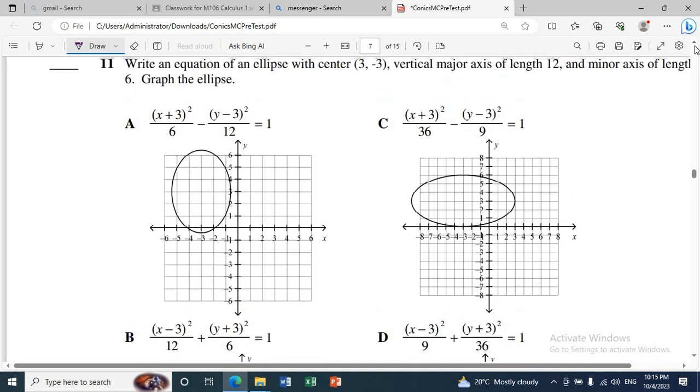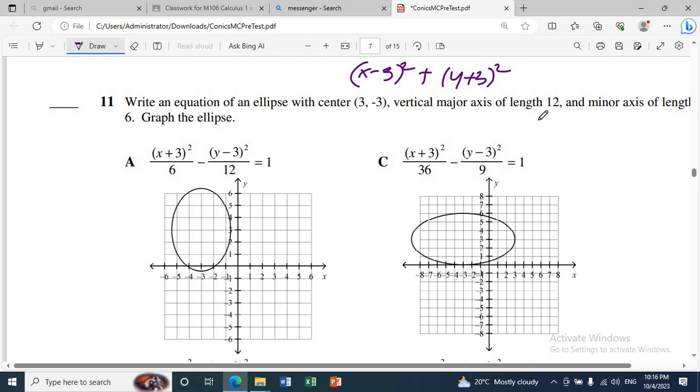And then major axis is 12. So if it is a vertical major axis of 12, this is the center, this one is 6, this one is 6, and this is equal to a. So your a squared here is 36.